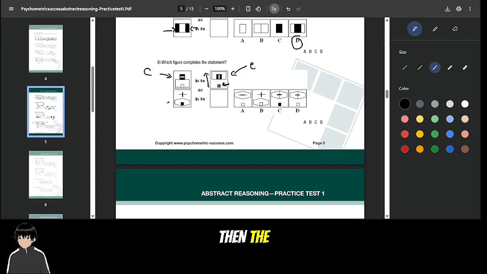Then how many sides is this? 2, 4, 5, 6, 7. I don't know what shape that is. It's probably going to go upward, most likely. And then probably A, because the line flipped, the black line here, it flipped.